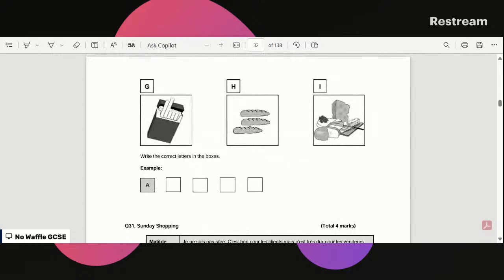But if you guys want to go through past papers which have exam questions, we can do that instead. Past paper.